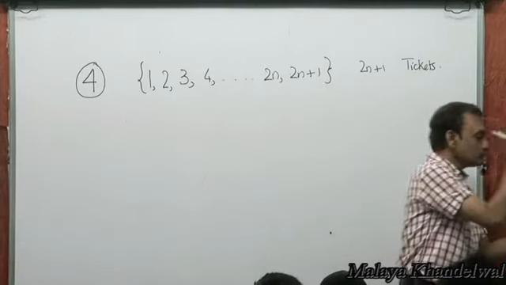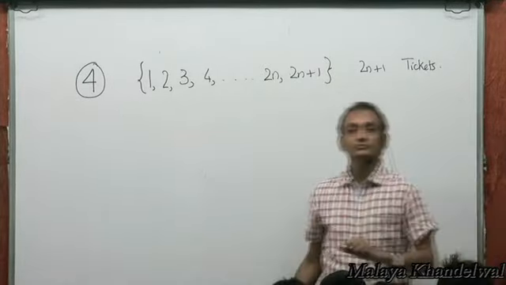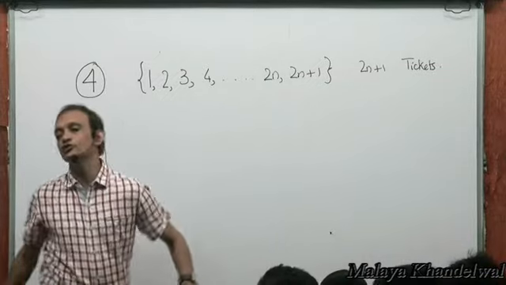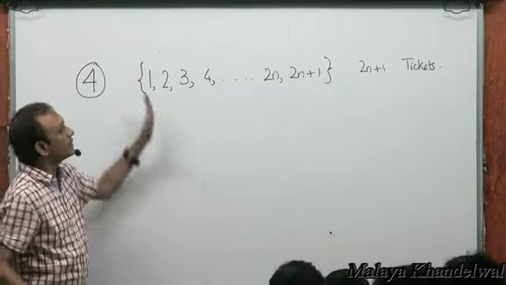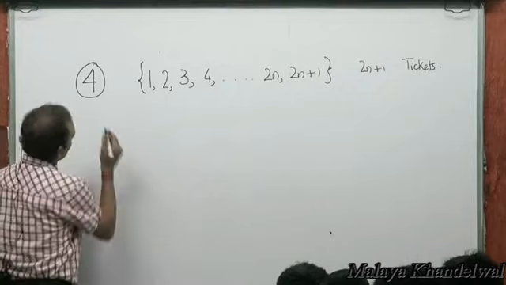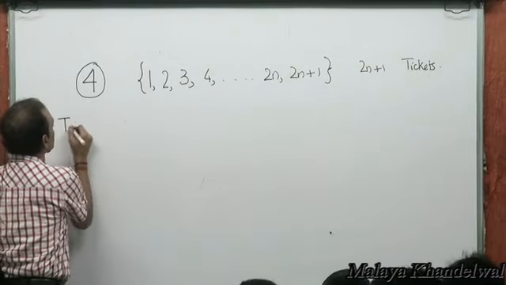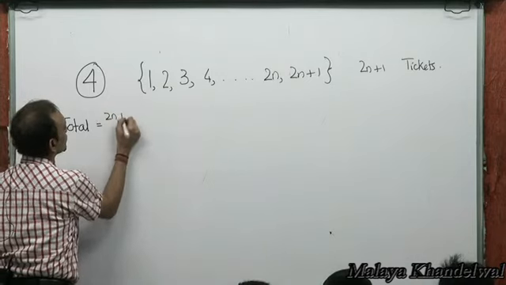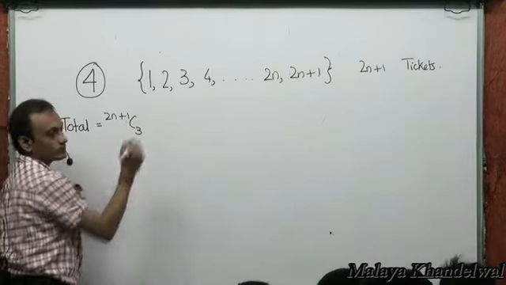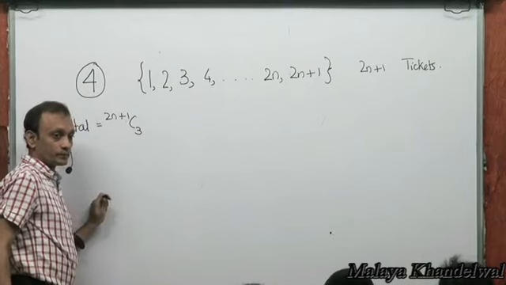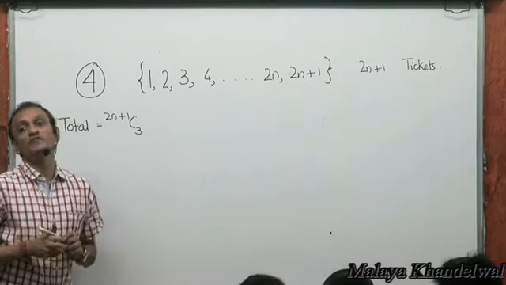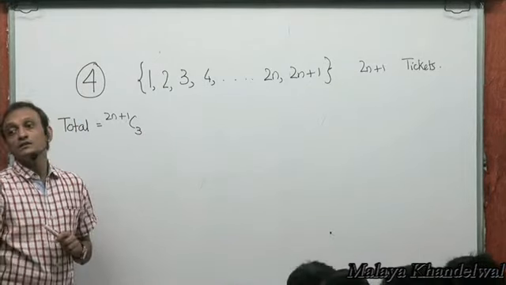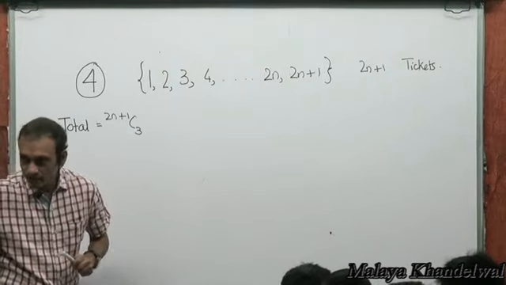Now, first of all, in how many ways can you draw 3 tickets? The total number of ways of drawing 3 tickets is going to be 2n plus 1 C3. Some of these ways would be favorable towards the 3 numbers being in AP.